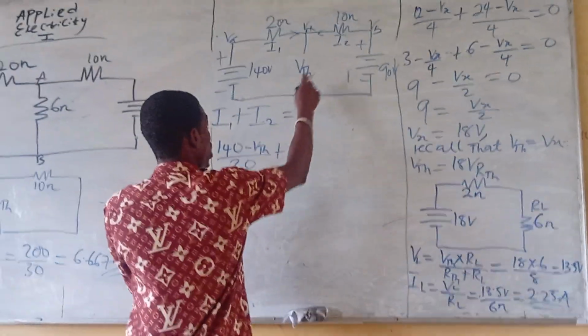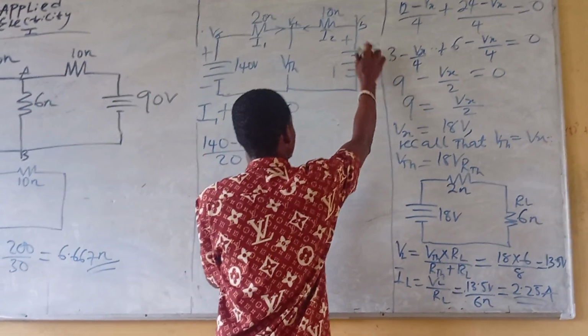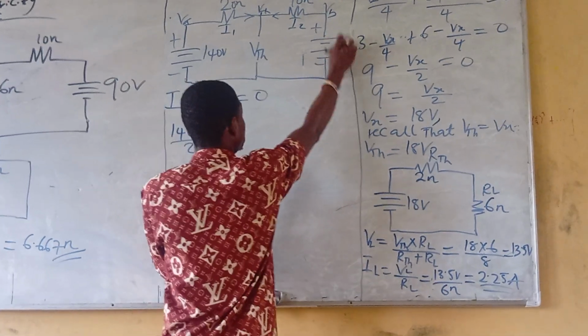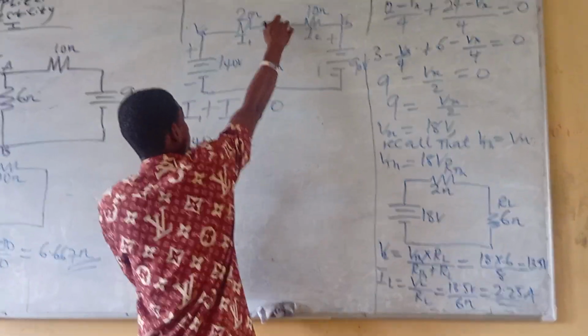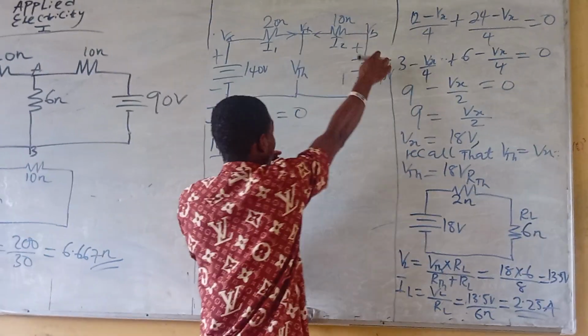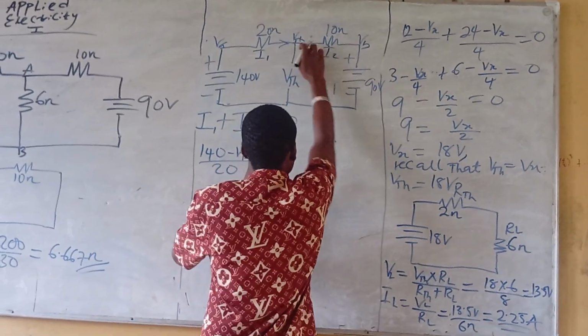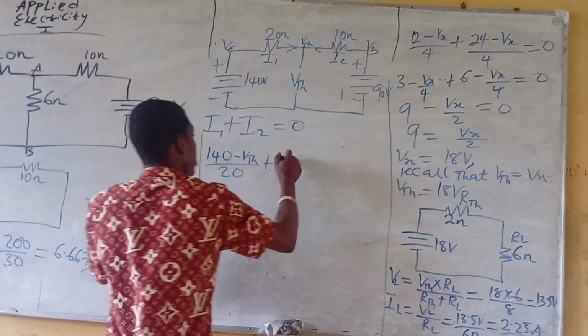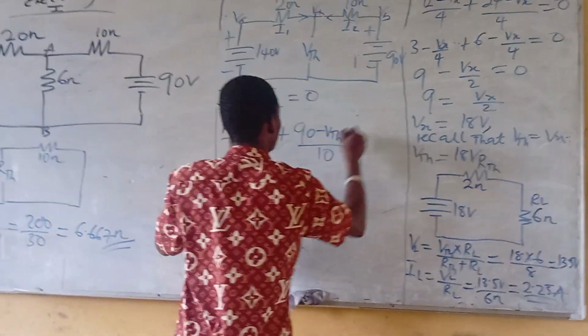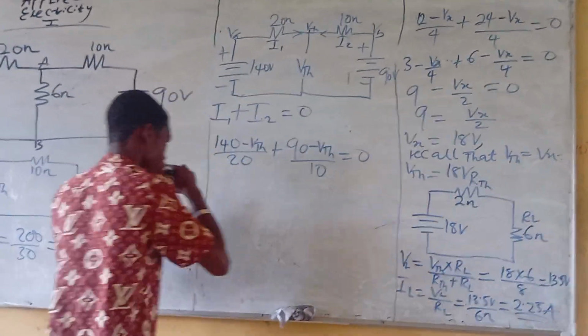Then plus I2. Since it's flowing from here to here, it's 90 minus VTH. If it were flowing the other way, it would have been VTH minus 90. So 90 minus VTH divided by 10 ohms equals 0.